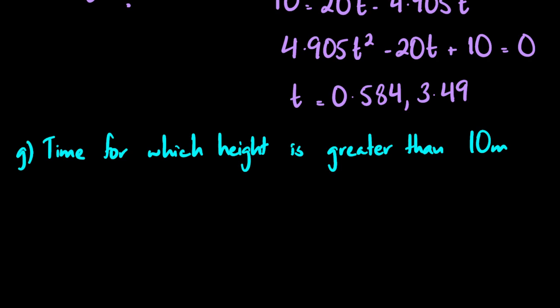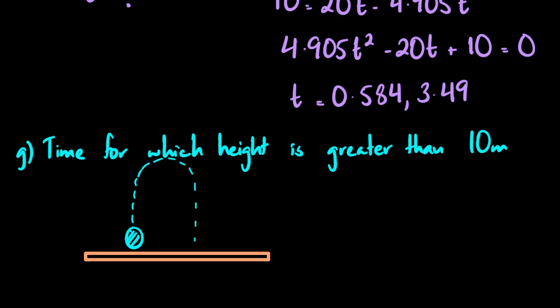So what we saw was this, that this was the level ground, this was the object which was thrown up, so it went and came back down like this, and we saw that at this time 0.584 and this time 3.49, the height was 10 meters. So how can we find this time interval, right?